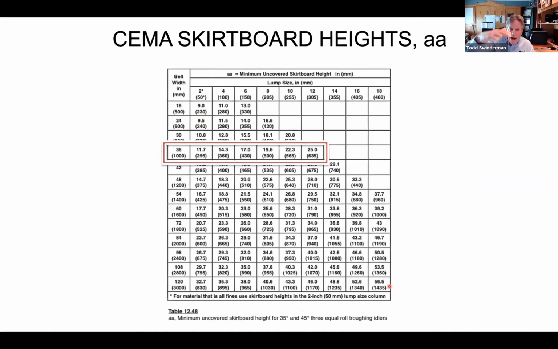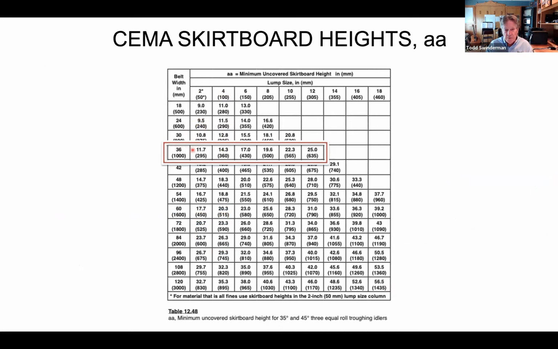As far as how high to make the skirt boards, this is also from CEMA. I couldn't make heads or tails of it. This was in the very first CEMA book back in the 60s, and the chart's been basically the same since. I reached out to a few of my friends, and nobody really knows where these numbers come from. But we're going to take them at face value.